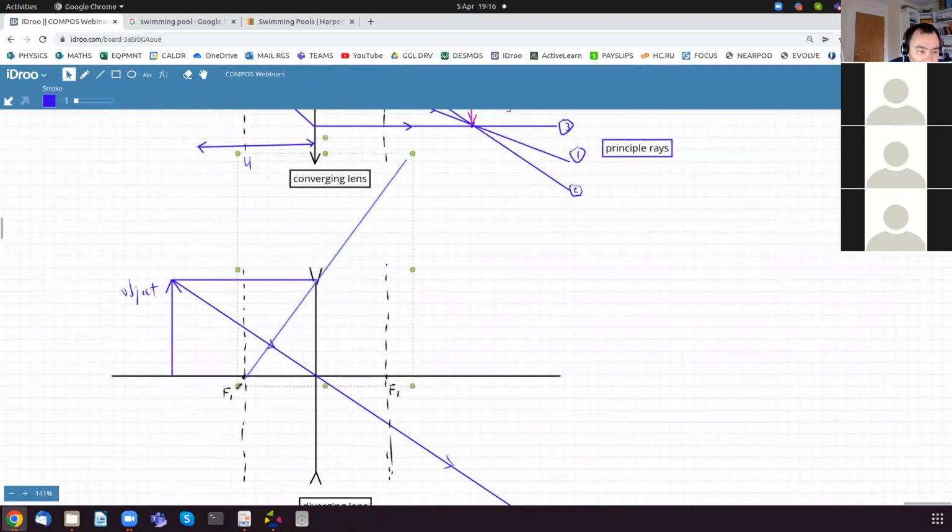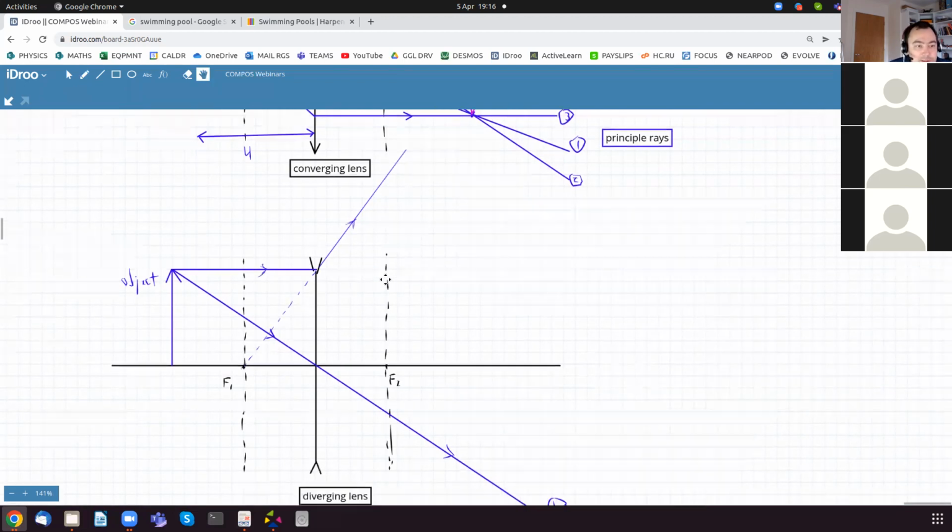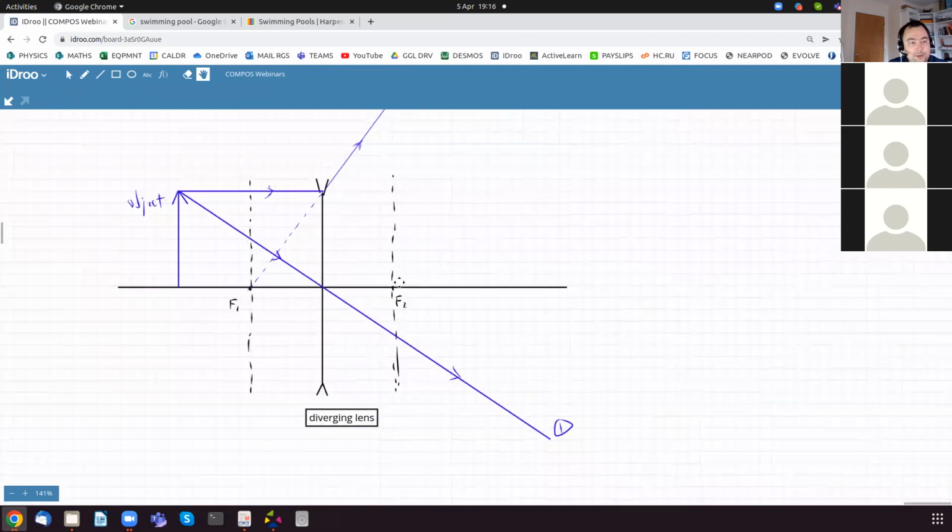I'm just going to delete that. The focal point, and it looks as if it's coming from here. Okay, and the third, is there a third though?